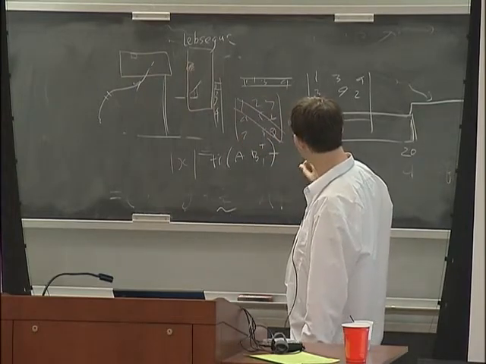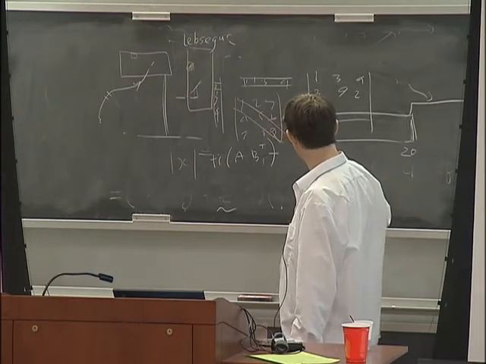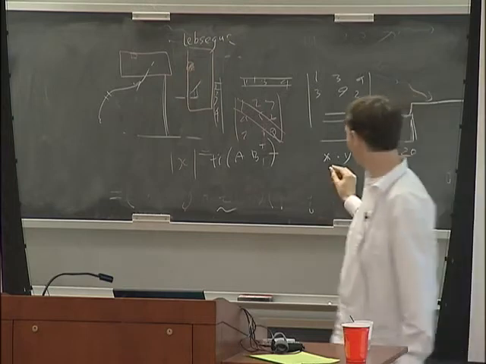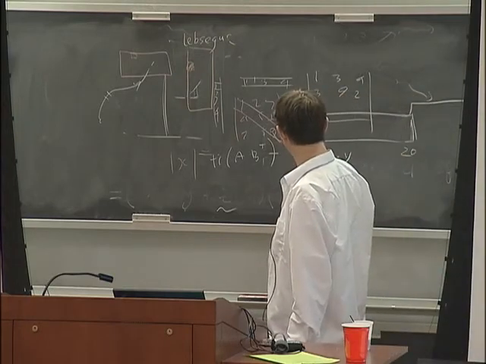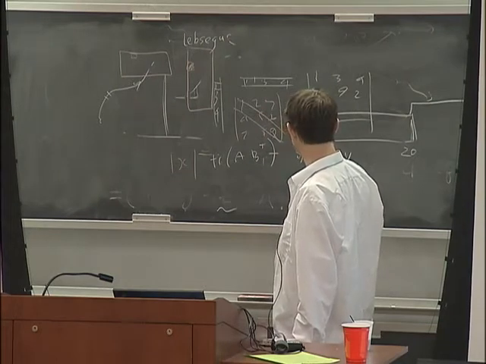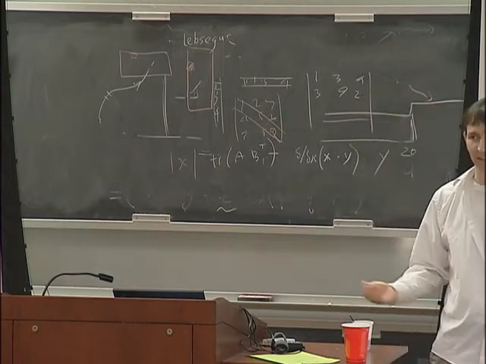Because think about if you have x dot y, where x and y are vectors. It's obvious that d by dx of x dot y is going to be equal to y, or maybe y transpose.